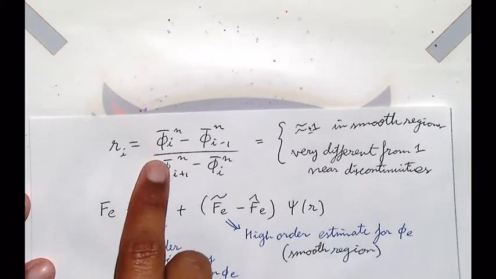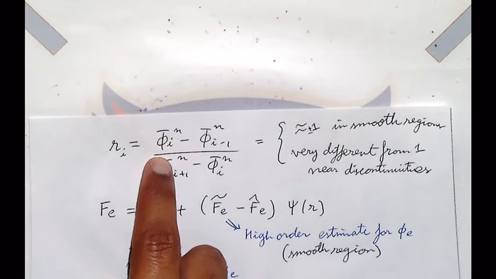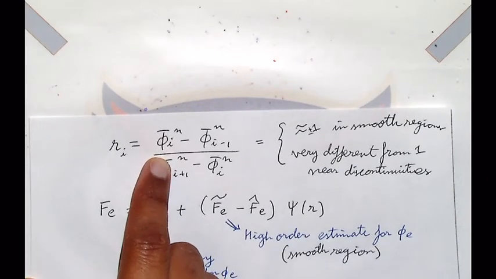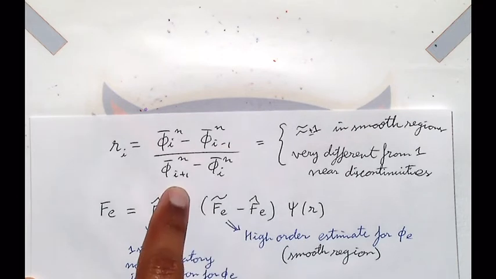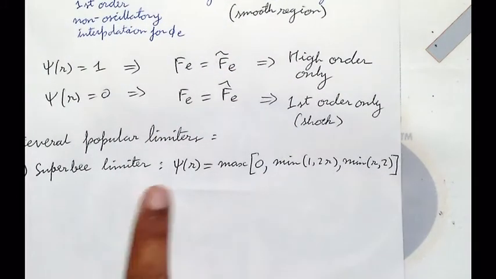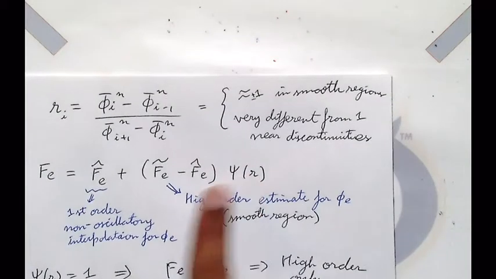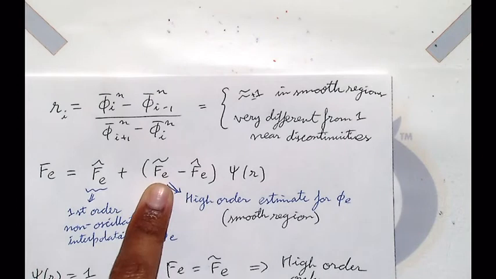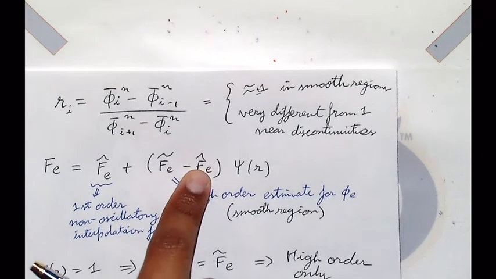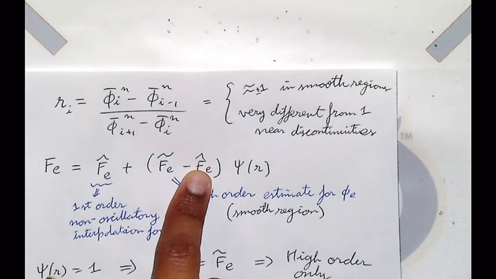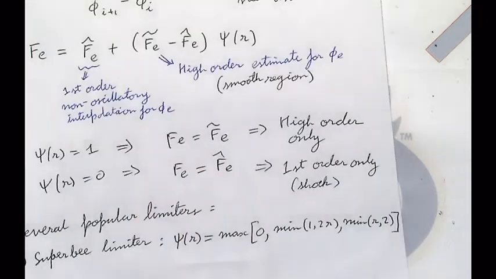At any point, we are looking at point I, and we have our left neighbor and right neighbor, we compute this ratio, and plug it in here. This gives us our C. And then we plug in the C here. F tilde can be our QUICK approximation, and F hat can be our first order upwind approximation. That's it, done. You've implemented a flux limited finite volume advection scheme.